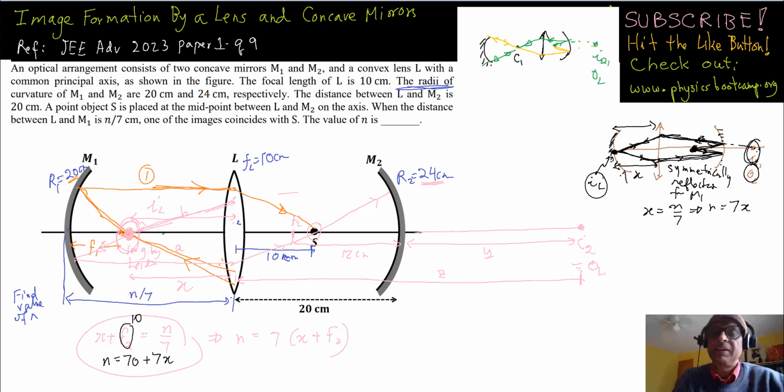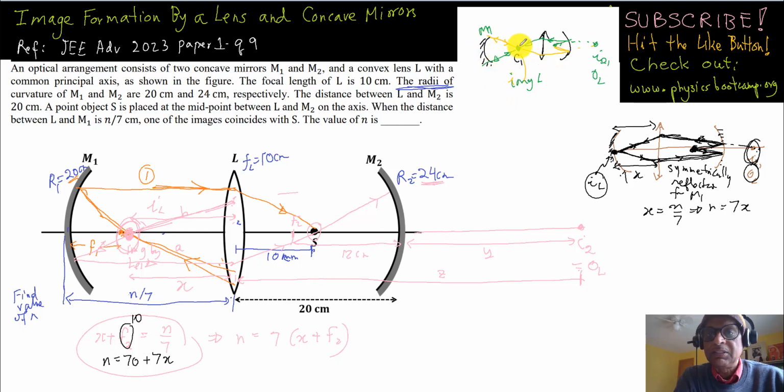So another way is, the image from the lens is formed over here, and that happens to be the center of this M1. If that's the case, then the ray comes in and reflects back and traces back to the object. Another symmetric ray will come like this and reflect back.